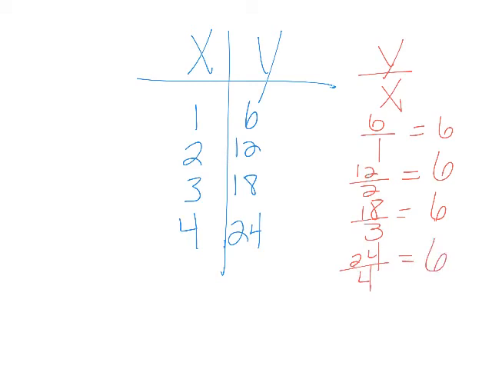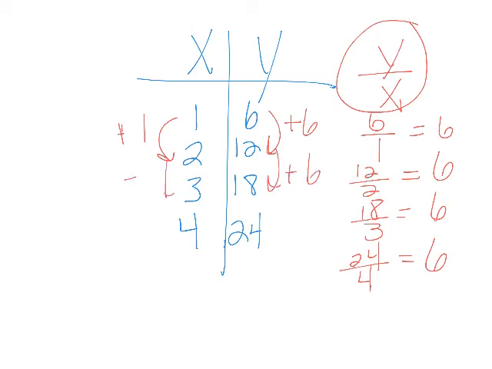So this table shows a proportional relationship because the ratio of y divided by x is always 6. Hey, just real quick, what's the slope of this? So we're adding 6, adding 1. Adding 6, adding 1. Adding 6, adding 1. So the slope is 6 over 1, which is equal to 6.